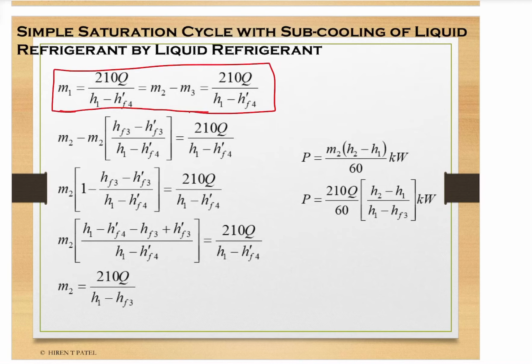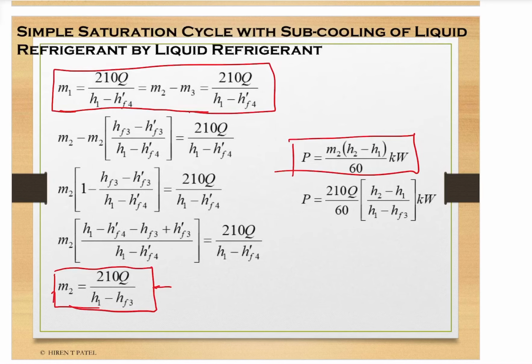So, this is the mass required in the evaporator, and the total mass M2 needed to be handled in the compressor is this M2. So, this is the total mass of refrigerant required for the system, and from that the power required to drive the compressor is this.